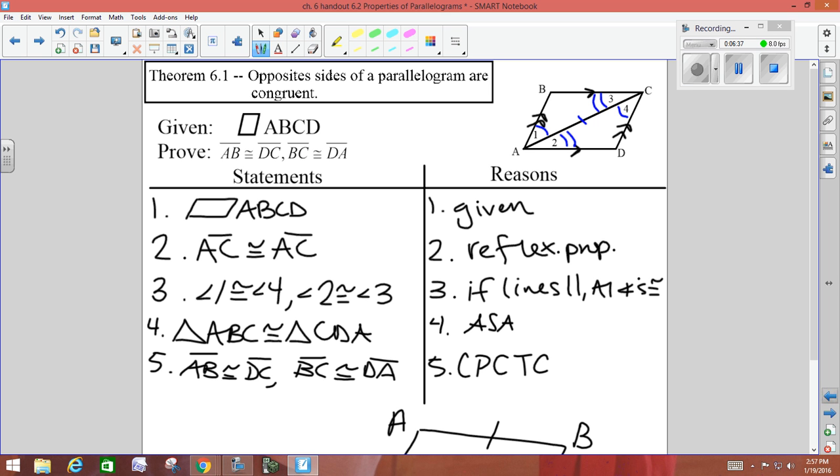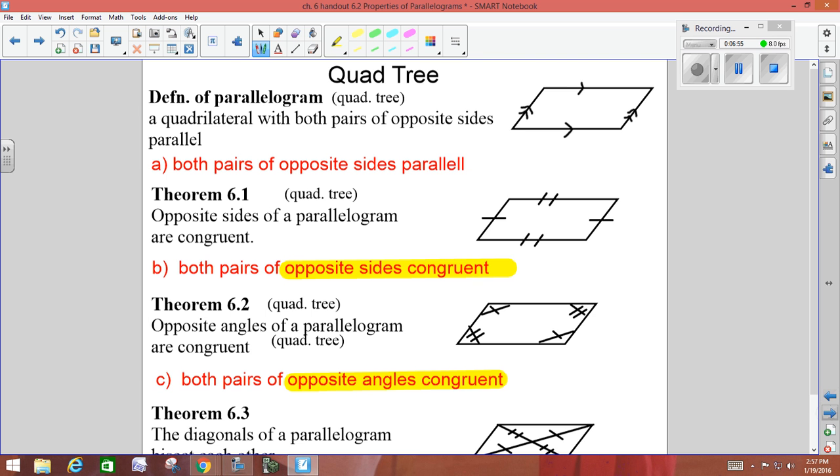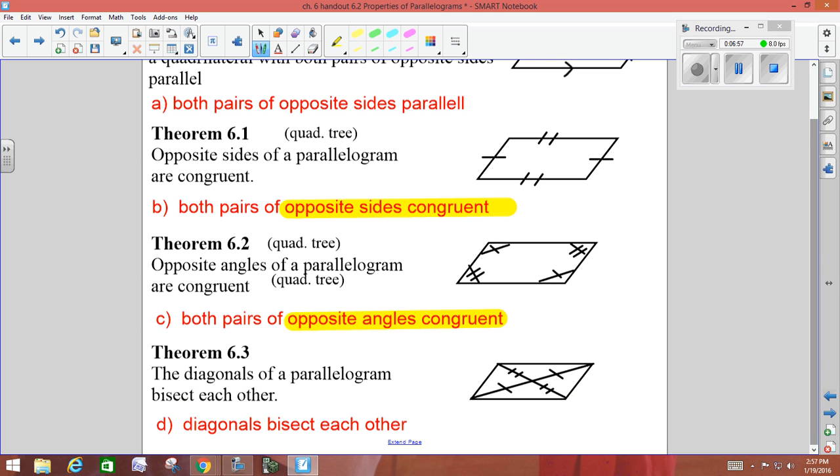Therefore, all their corresponding parts are. So that would mean angle B would have to be congruent to which angle? In this triangle, D, right? And if I put BD in as a diagonal, I can prove that the triangles are congruent. And then A would be congruent to C. So to prove theorem 6.2, opposite angles are congruent, you would use triangles just like we did on 6.1. I'm not going to make you do that. But that's how you would prove that.